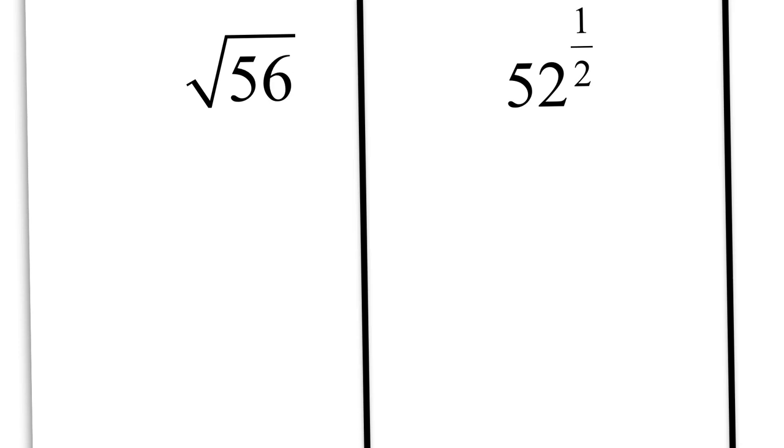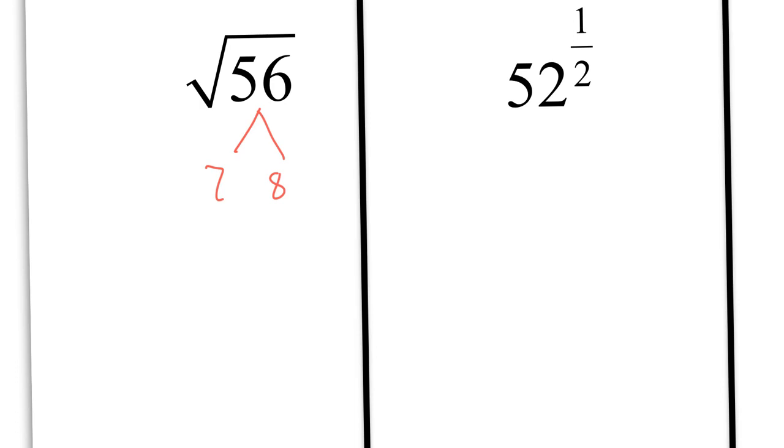So 56, first of all, you want to find two numbers that multiply to 56, and you want to break down the number. What we're going to use is called prime factorization. So just two numbers that multiply to 56, and I can tell you right now, 7 times 8 is 56. 7 is a prime number because the only factors of 7 are 1 and itself, 7.